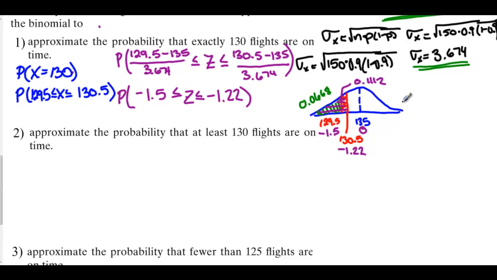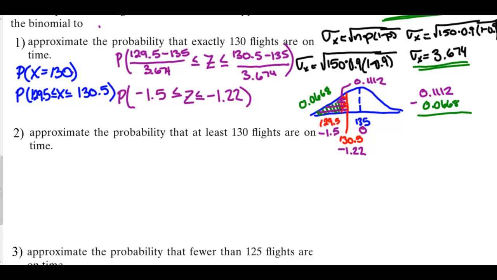Okay, and then to find that little red sliver, we're going to do what? Subtract, yes. Because that 0.1112 is this whole area. That 0.0668 is just this little bit. So we got that whole thing minus the tail we don't care about. It's going to give us the red part. So we got the 0.1112 minus that 0.0668.